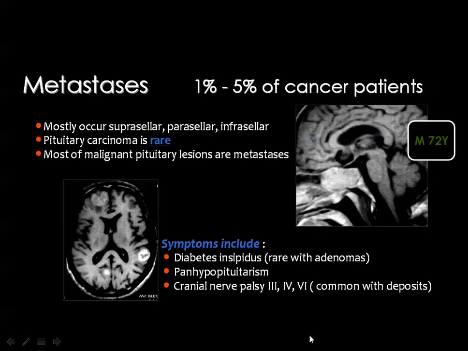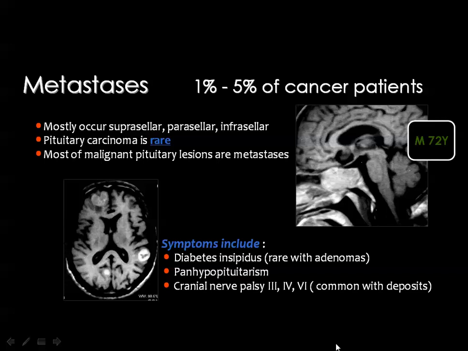Then in the pituitary region, as well as in the orbit and in many areas in the head and neck, metastatic deposits can be seen. Metastasis to the pituitary gland is a known pathology, although it is rare.